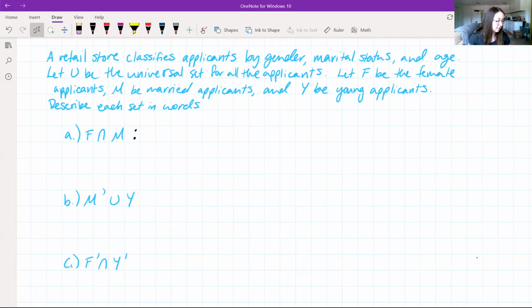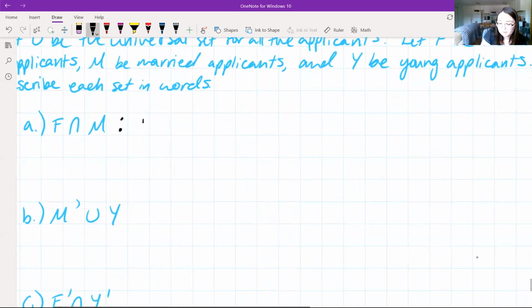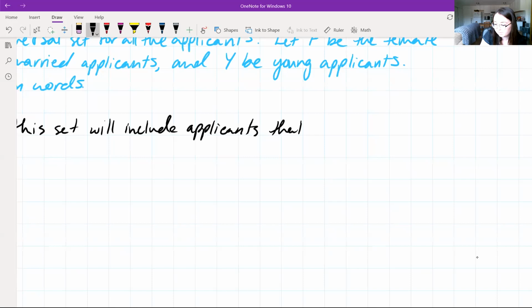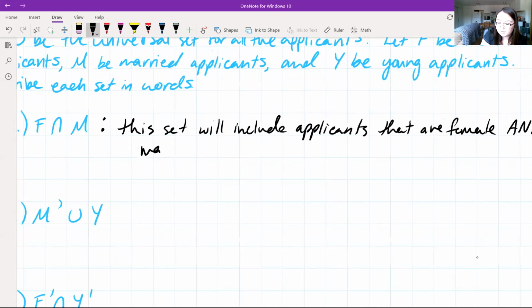In this case, we would say this set will include applicants that are female and married, since we're considering only the ones that are contained in both sets.